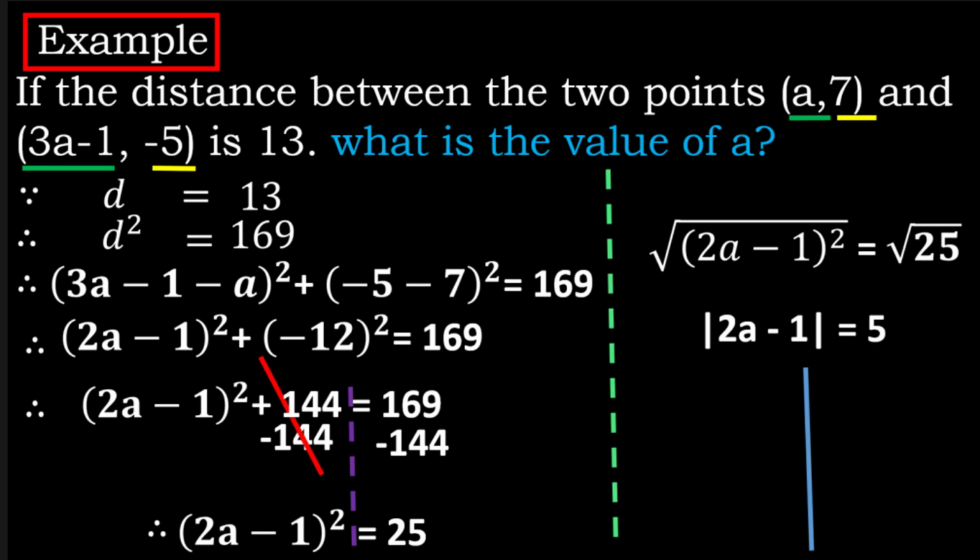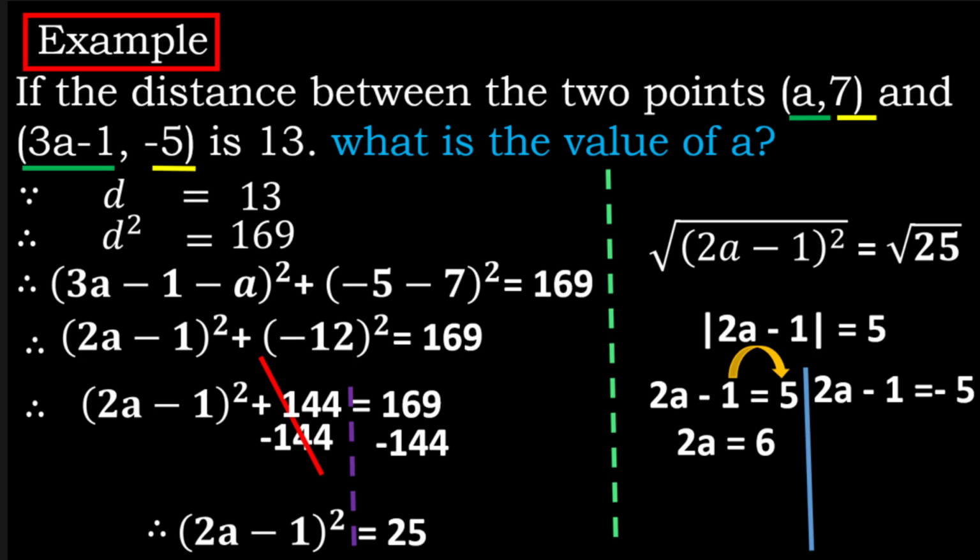So 2a minus 1 equals 5 and 2a minus 1 equals negative 5. So solve the two equations to find the value of a. We have two values of a here, so just move negative 1 to the other side to be added. 2a equals 5 plus 1 equals what?